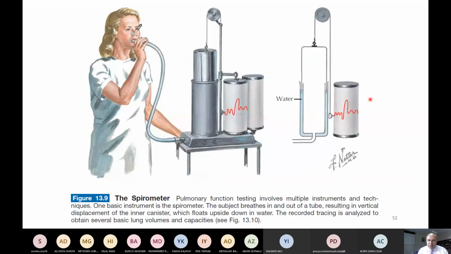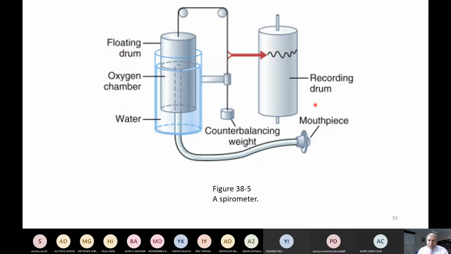You see the patient is breathing. There's a cylinder upside down inside of the water, floating. Now the patient is breathing from the inside of the chamber.